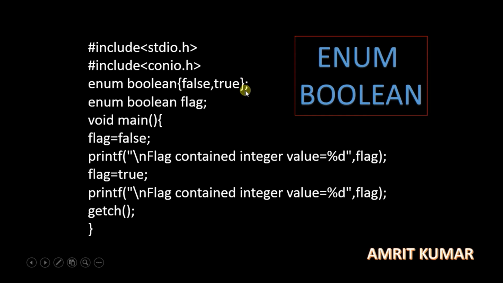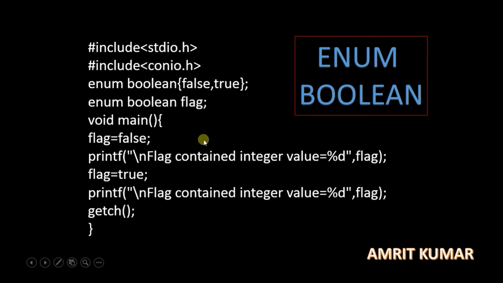Then you need to specify a semicolon. So I am declaring the enum Boolean which contains false or true. Then enum Boolean is going to be stored in a flag. Flag is a variable which has the data type enum Boolean. So flag can be either true or false.